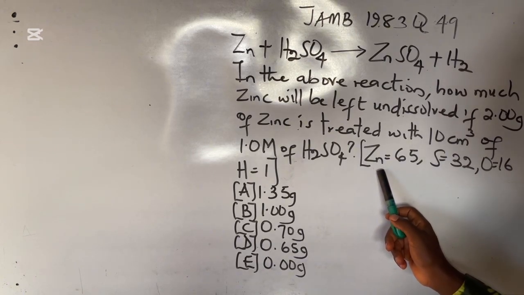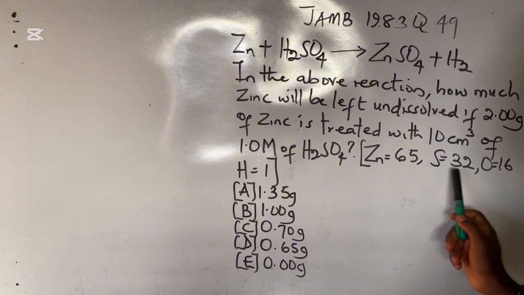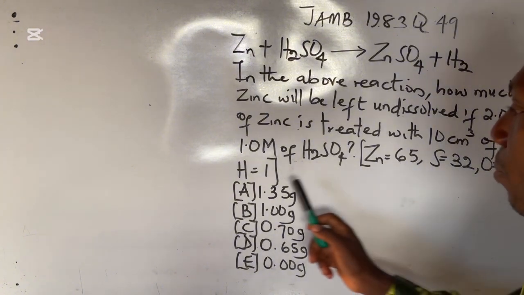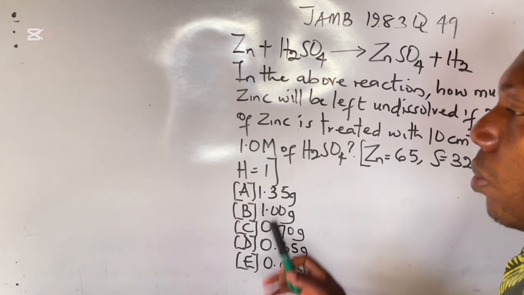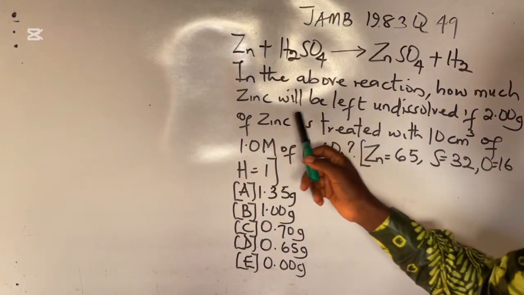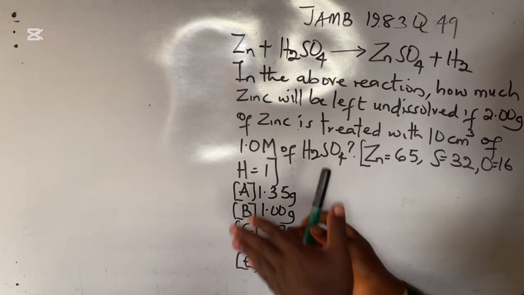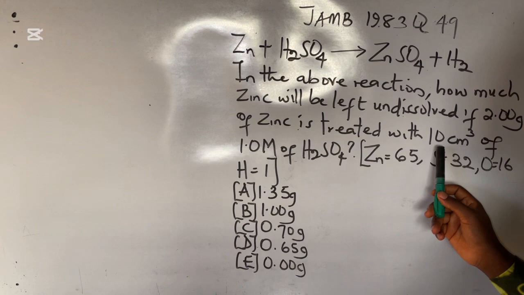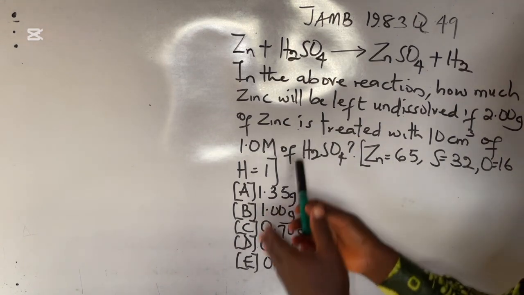We are given the relative atomic masses. Oxygen is 16, sulfur is 32, zinc is 65, hydrogen is 1, and the options. So the parameter here is that how much zinc will be left undissolved. So we need the mass in relation with H2SO4, the number of moles.